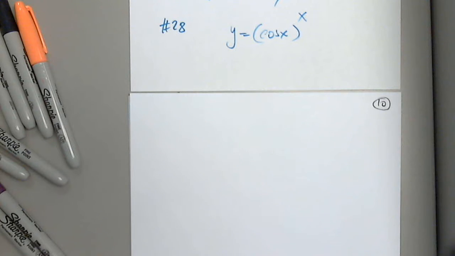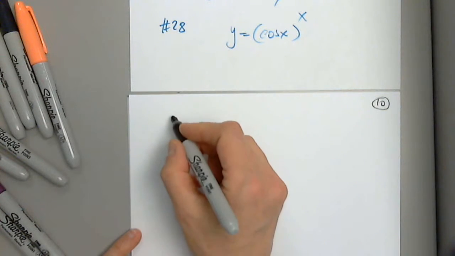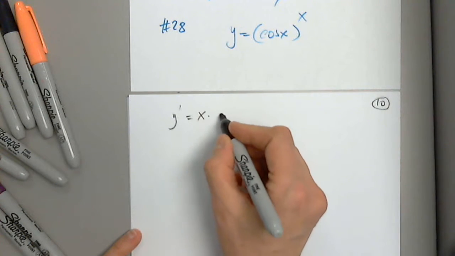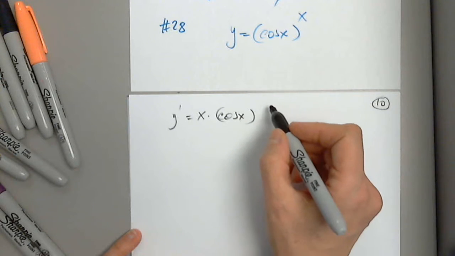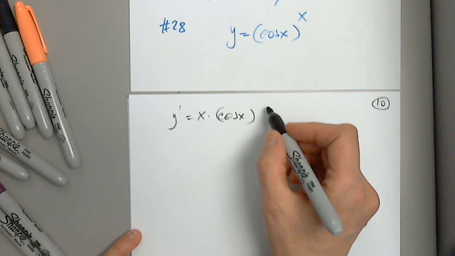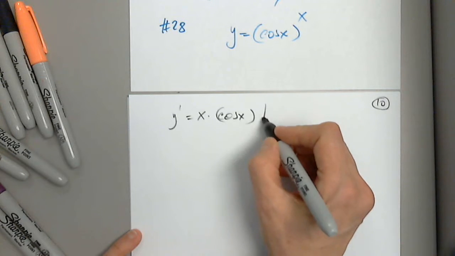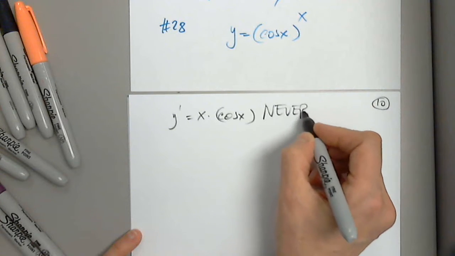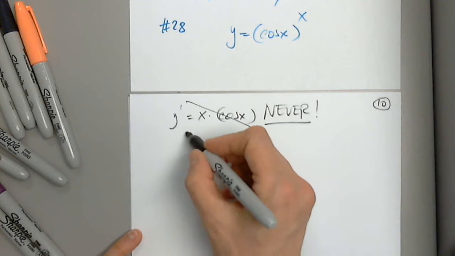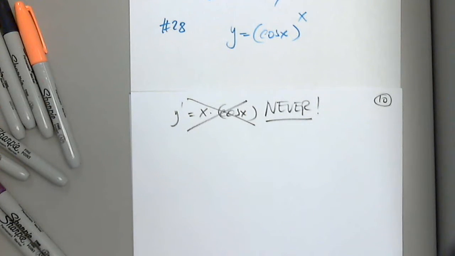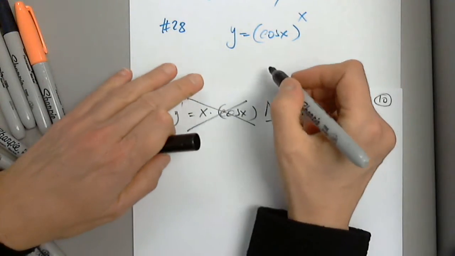Do the chain rule. Bring down the x. Okay, so we want y prime x cosine x raised to, exactly. We cannot do that. Why? Because it's a function raised to a function.